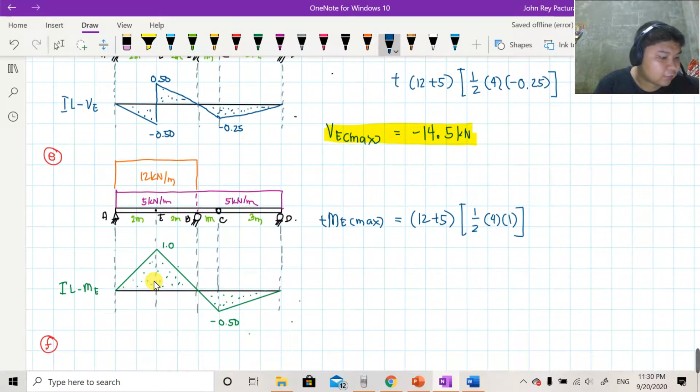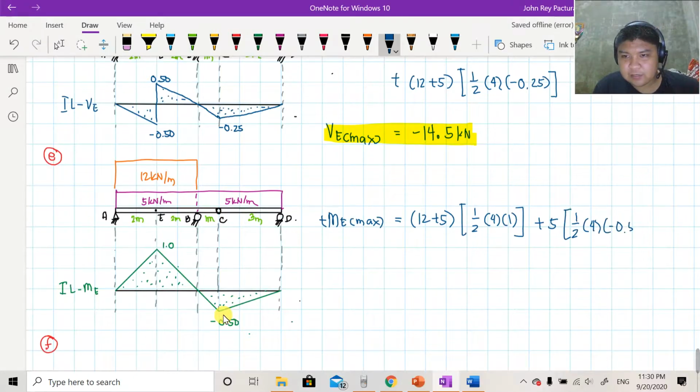And as well, we need to consider yung 5. Although positive moment to class, we need to consider this one, no? Kasi na-apply pa rin siya sa load, okay? So that will be equal to 1 half, the base is 4, and the height is negative 0.5, 'di ba?